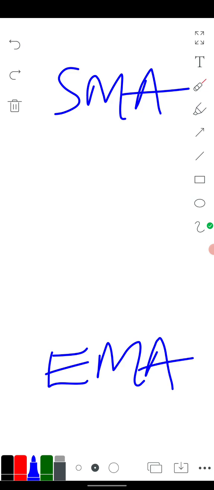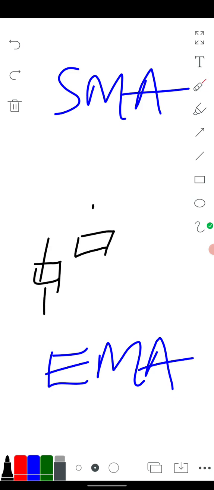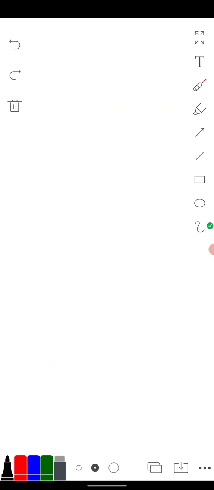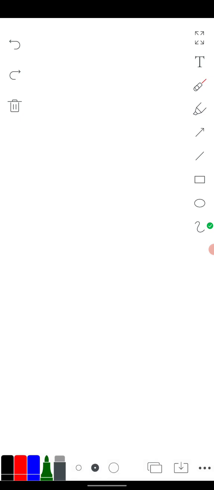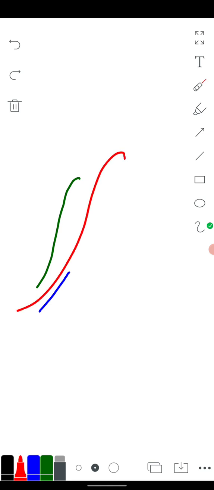The main difference is, when we have candlesticks like this, the SMA is going to be rigid, or solid, against the volatility. Just like if the graph goes like this, then SMA will be like this only. But in the same case, EMA will be like this, because it is going to give you more volatility here.